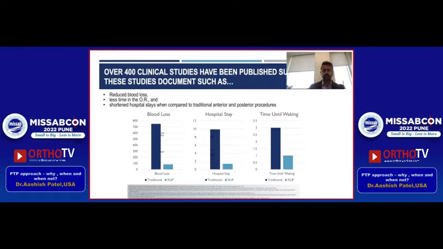There are also studies demonstrating the improvement in perioperative data, blood loss, hospital stay, and functional recovery of the patients when you compare lateral interbody versus traditional open posterior techniques.